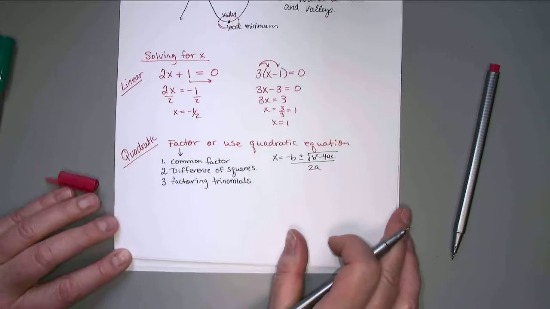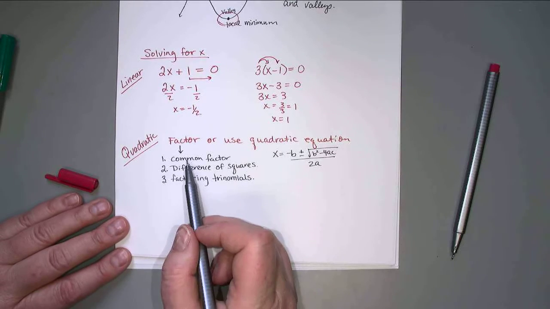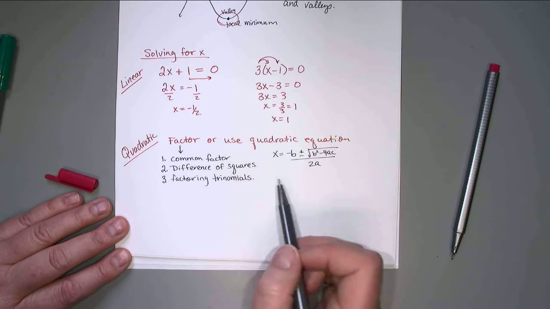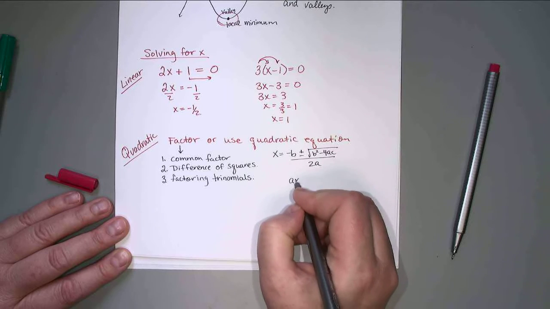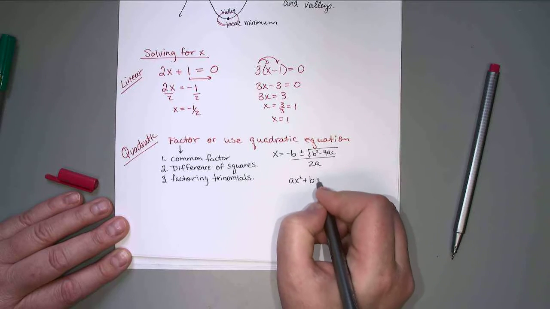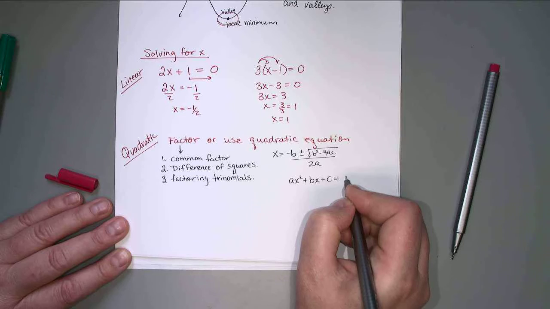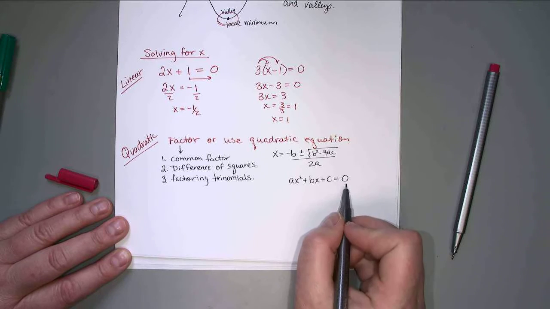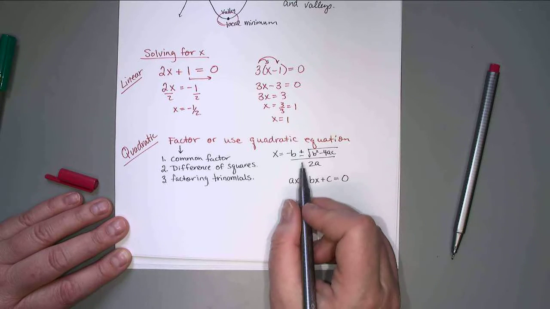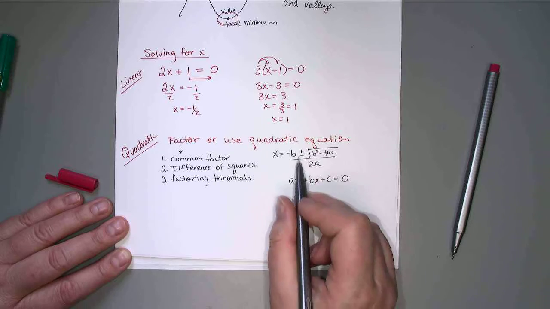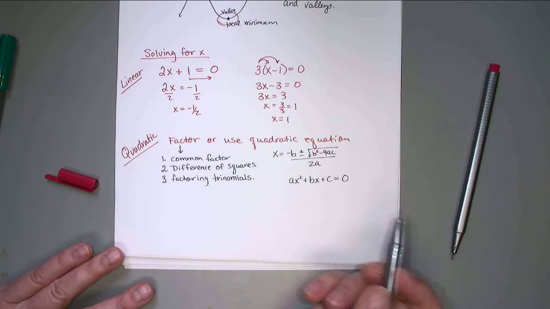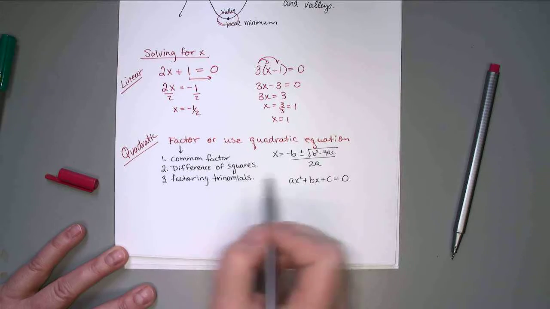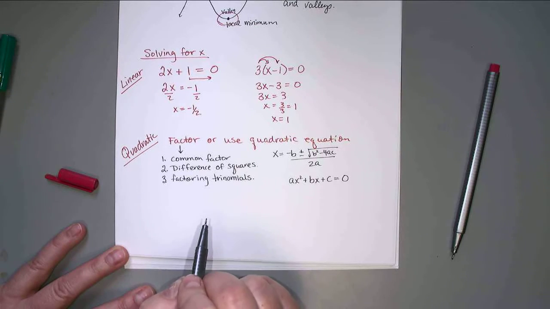Okay, so we're going to see those different examples, and if we can't factor or don't want to factor, we can always use the quadratic equation. The quadratic equation solves equations that look like this. Always equals 0 on this side. You would plug your a, b, and c in, and then it finds your 2 x values that will work in that. Okay, so we're going to see these 1, 2, 3, 4 techniques.